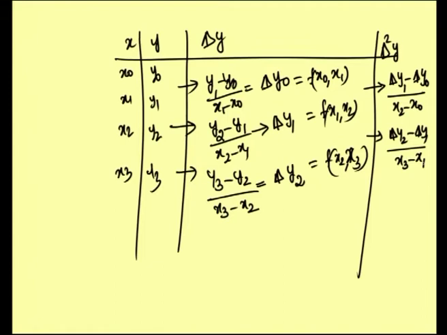And then we have del cube y0 in another table column, which is del square y1 minus del square y0 divided by x3 minus x0.